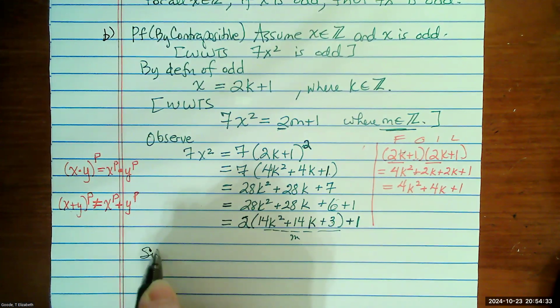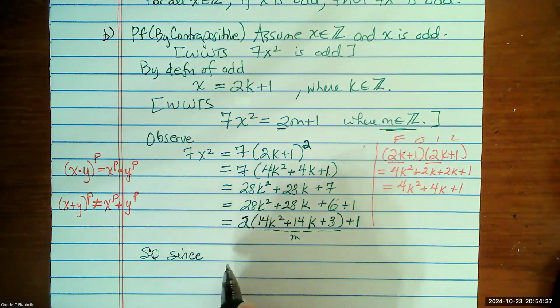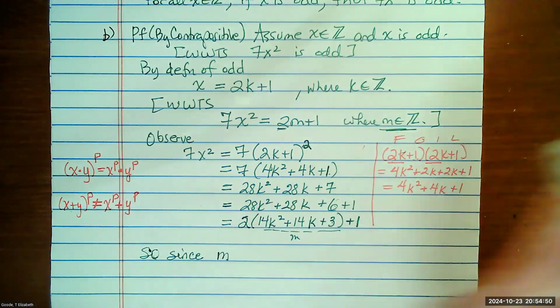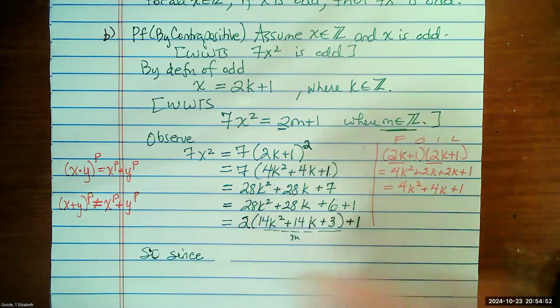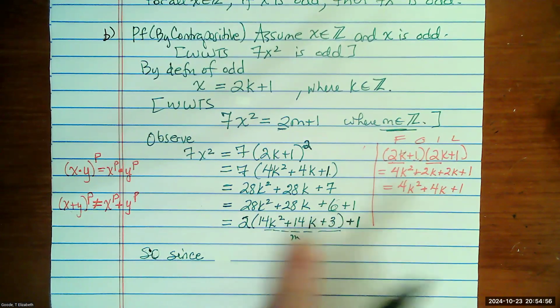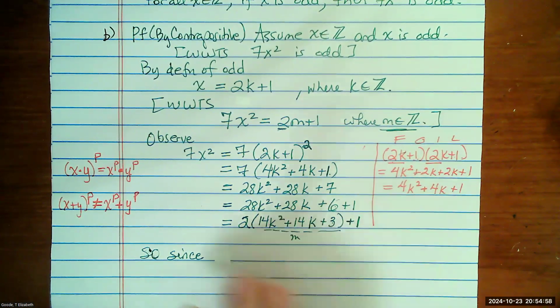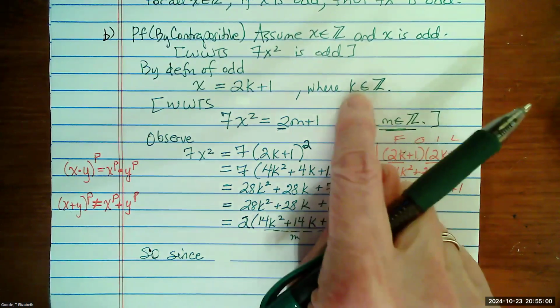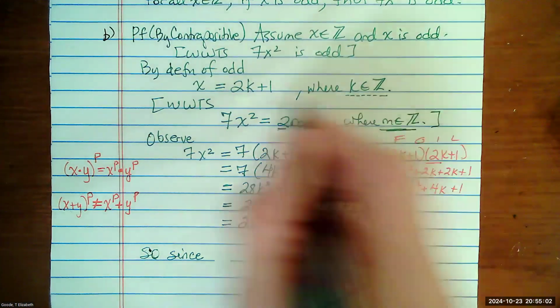So since M equals 14j squared plus 14j plus 3, M is an integer. Why though? What is M? You're jumping the gun. We're going to say that M is an integer at the end, but first we have to use this part of our definition.